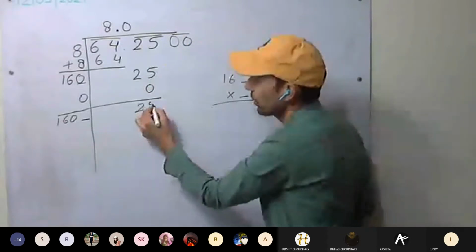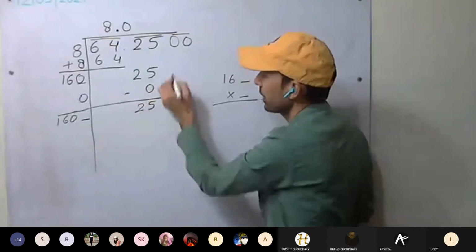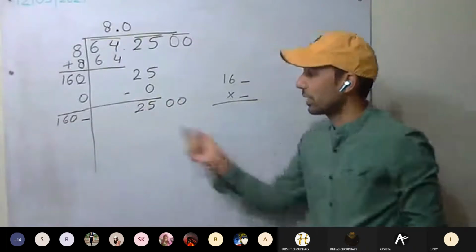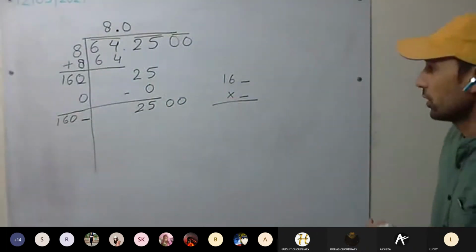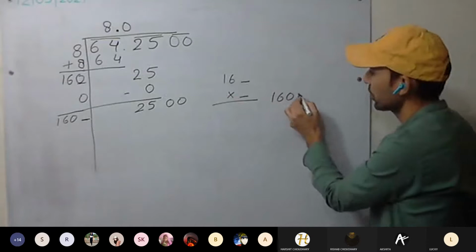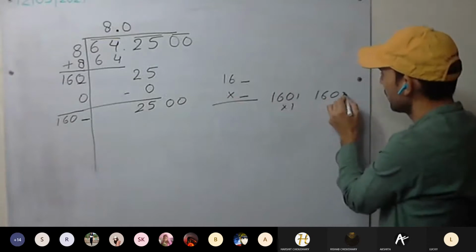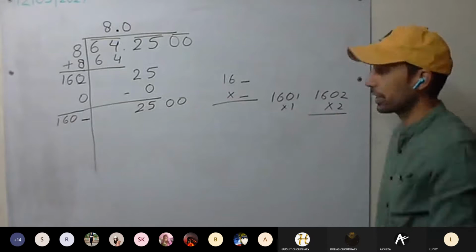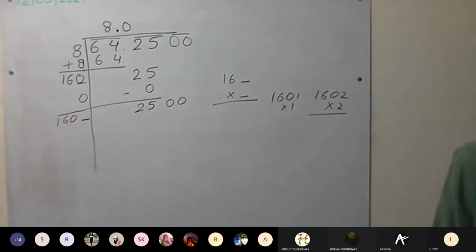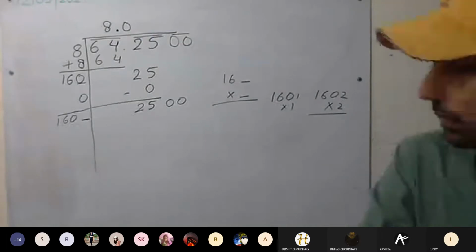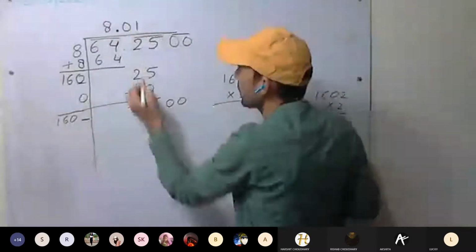So 25 remainder we are subtracting and 0, 0. Now what should we put here? Check it. 1601 into 1, 1602 into 2. Check once. Sir, 1. 1 only.